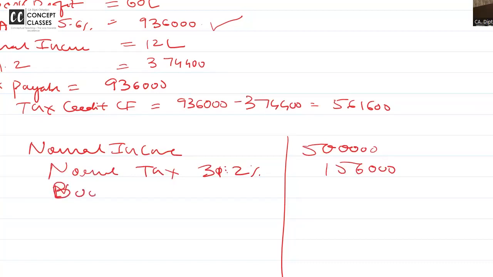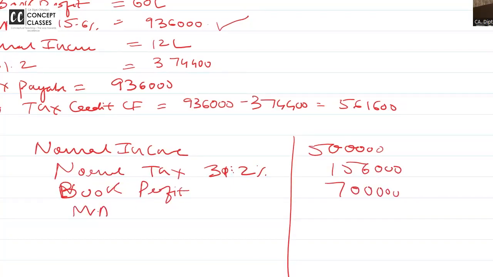Your book profit for the MAT purpose is coming to how much? Book profit 7 lakh. On that MAT at the rate of 15.6%. 7 lakh into 15.6%, 1,09,200. So you have to pay whichever is higher.